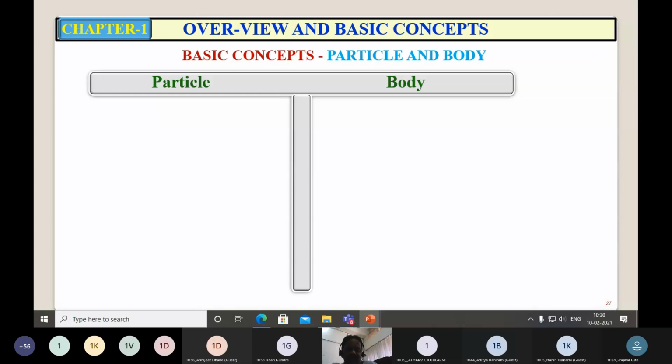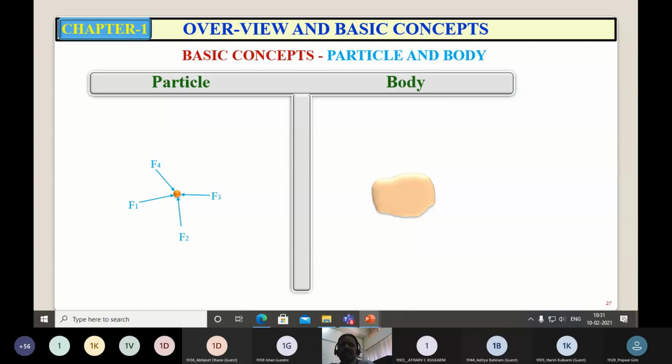Okay, so in any problem of mechanics, as I said earlier, when all the applied forces acting on that body have no tendency to rotate the body, then that body can be considered as a particle. See, there are two bodies over here. The first one also I am treating as a body, right? Though the size is small.